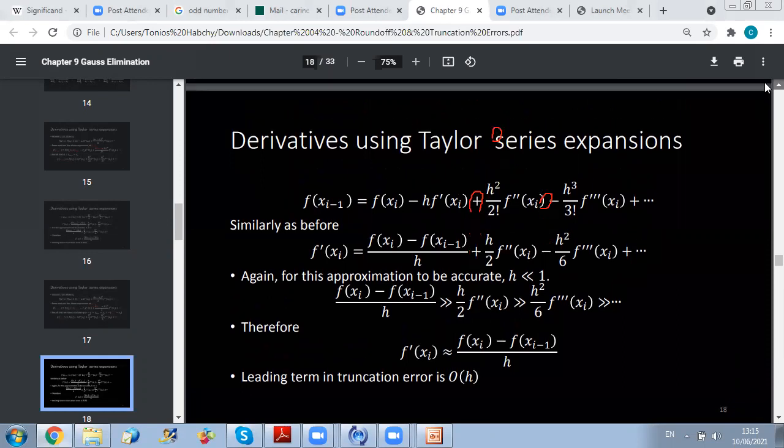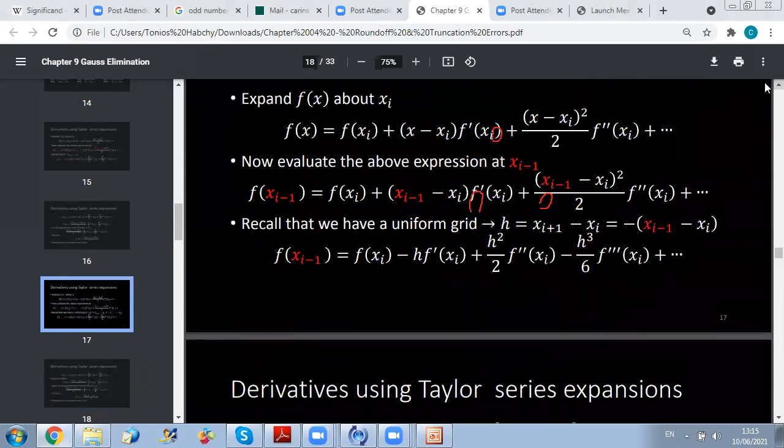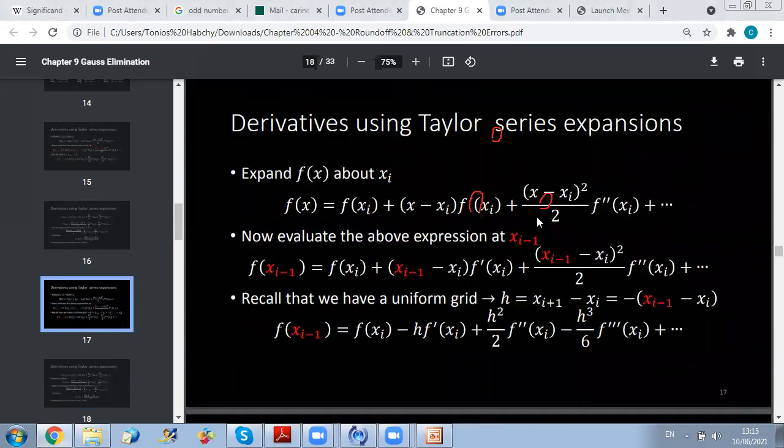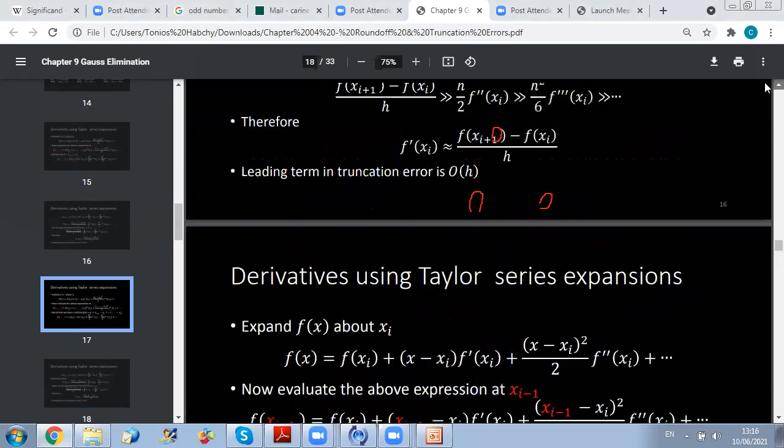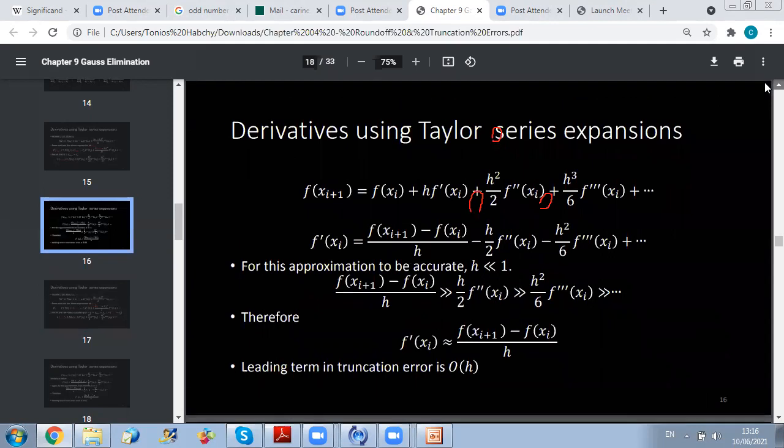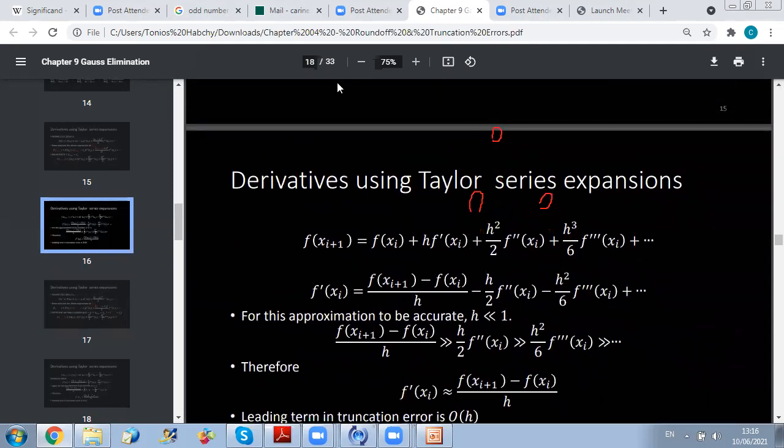In the previous scenario, when you just have xi plus 1 minus xi, the result is always h, so it's h square or h cube. The sign will not change because you have a positive number that you are raising to the power 2, 3, etc. This is why you have plus h square over 2, plus h cube over 6, etc.